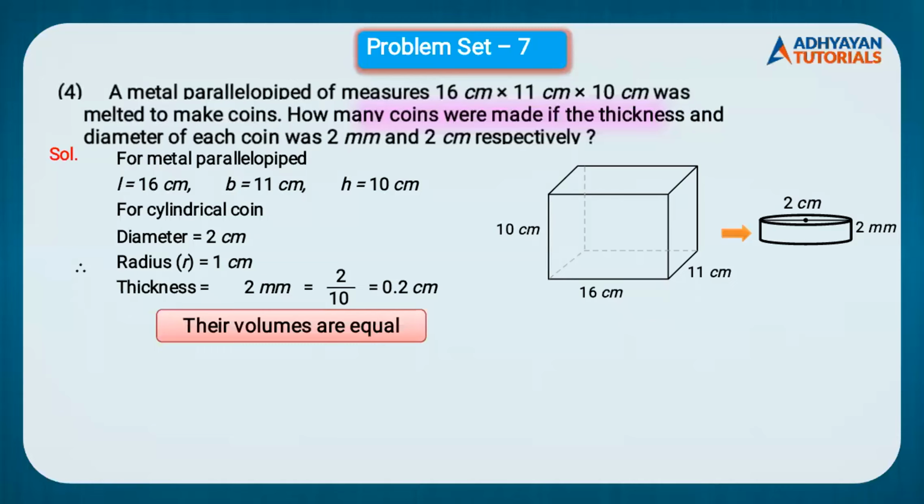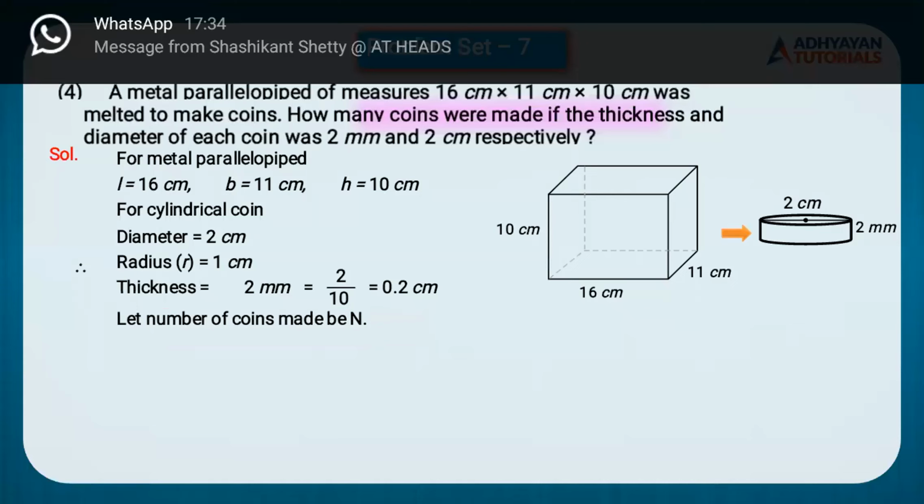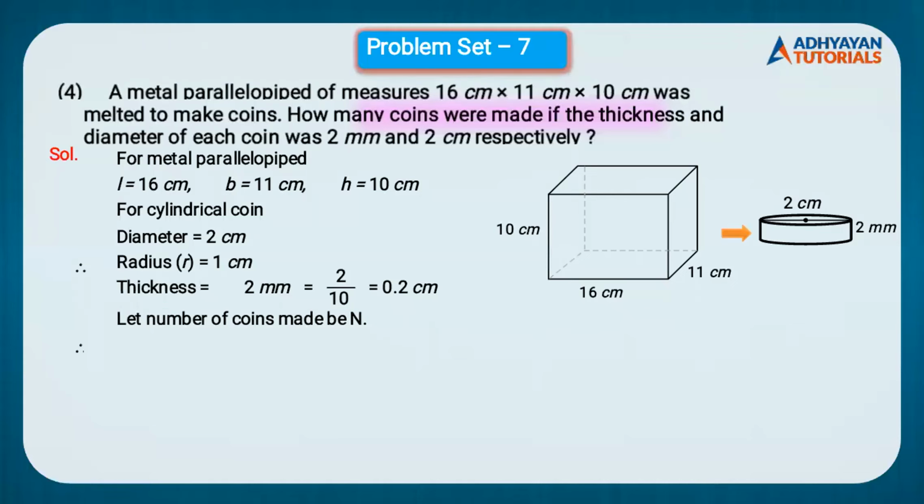So here, since we don't know the number of coins made, what we can say is, let the number of coins made be n. So if we represent the number of coins as n, now we have a formula to discuss. n into volume of coin is equal to volume of cuboid.